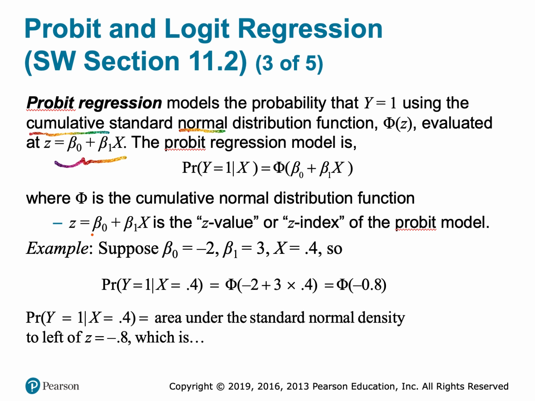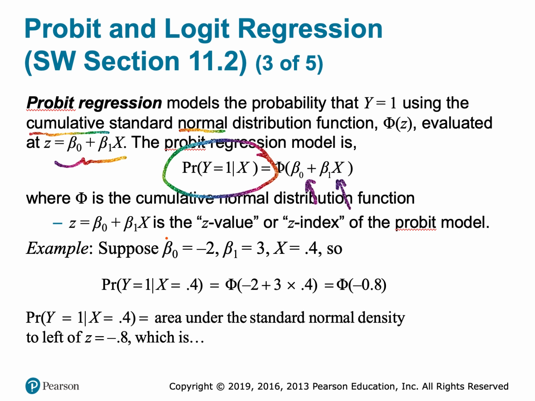Z, our z value or z index, is equal to beta naught plus beta 1 times x, and the probit model is going to give us the estimates of beta naught and beta 1 that give us an accurate probability that y equals 1 given x.